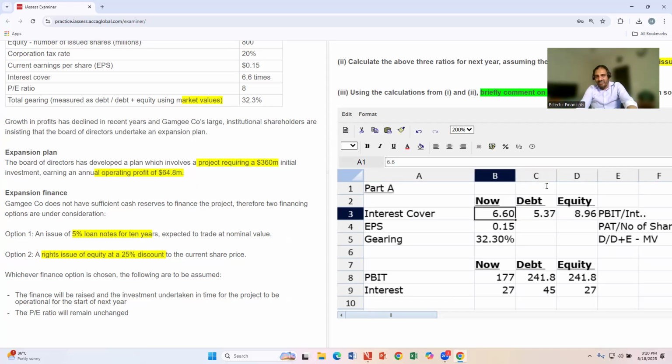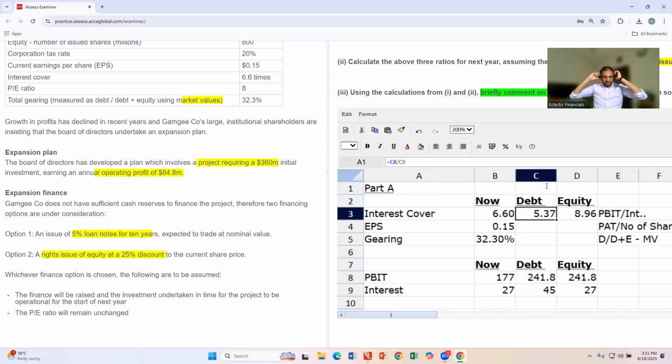For debt and equity finance, if we move towards debt, a new project with debt, that means the interest cover ratio will decrease. Although interest increases, the profit increases, but the interest increases more. That's why the interest cover reduces.